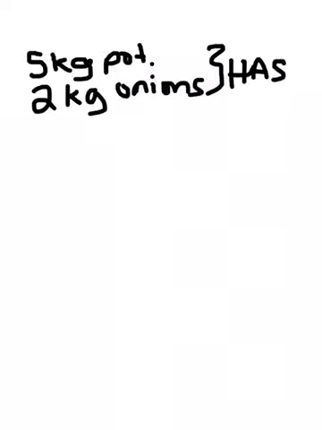All right, so I'm going to write down what I know. I know that there are 5 kilograms of potatoes. I'm going to abbreviate. There are 2 kilograms of onions. And that's how much he has. I know that he is going to use 3.25 kilograms of potatoes.